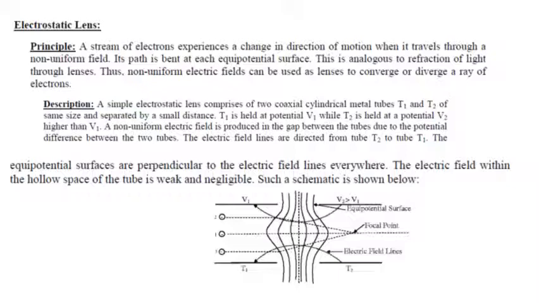The non-uniform electric field is produced in the gap, and if you see the pattern, it is interesting that the pattern will be like a convex lens.